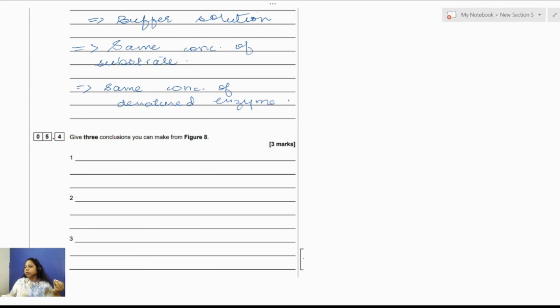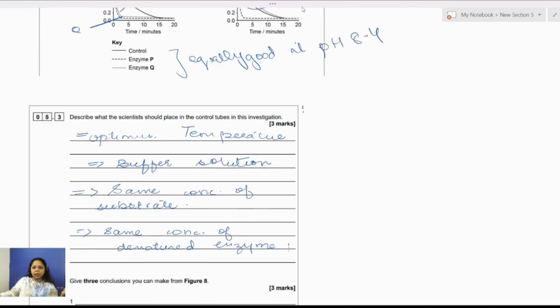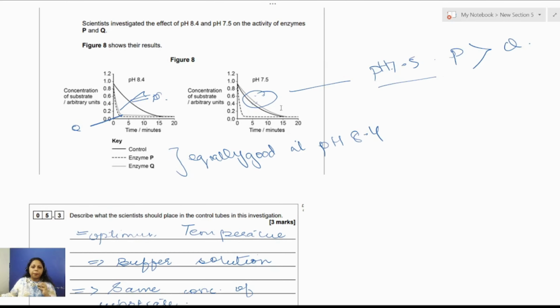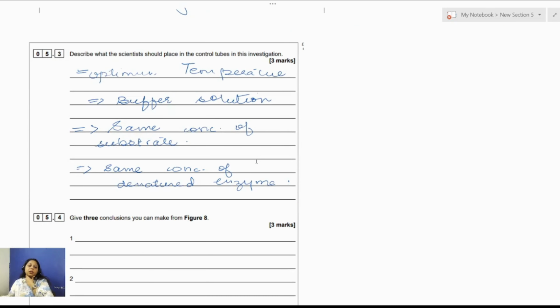What are the three conclusions that you can make from this? First of all, we say at pH 8.4, enzymes P and Q are equally good. But if we discuss pH 7.5, Q is less active than P, or P is more active than Q. Because it's 3 marks, we need to give the conclusion.